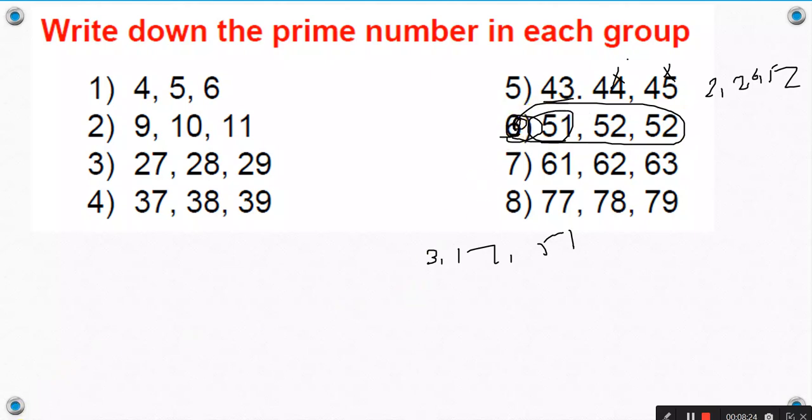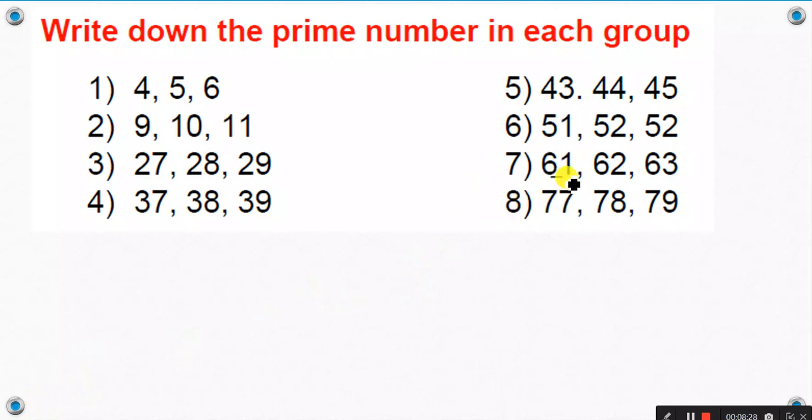Let us see number 7: 61, 62, 63. Here 61 is a prime number. 62 is not a prime because it is divided by another number, and 63 is also not a prime because 63 is divided by 7 and 9, and again by itself and by 1.